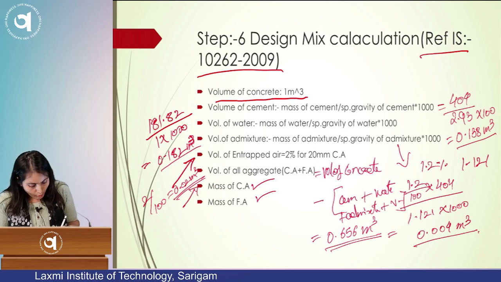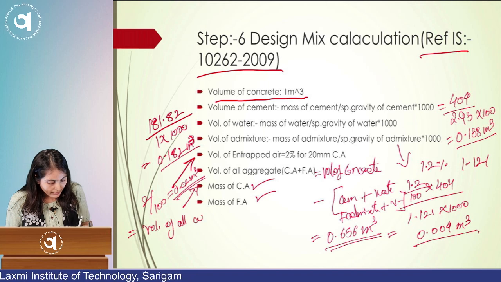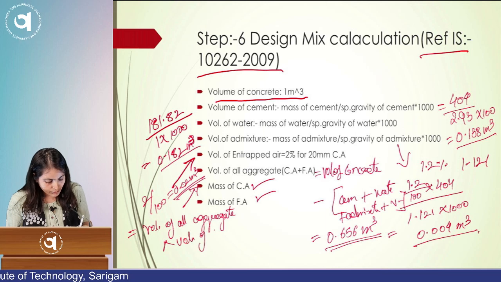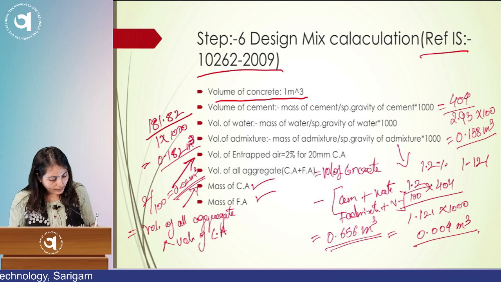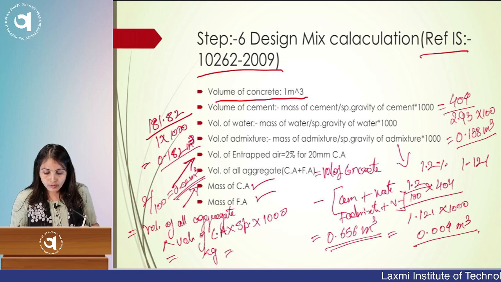This volume of all aggregate into your volume of coarse aggregate, which I got from calculation, into your specific gravity of coarse aggregate into 1000, you will get the mass of aggregate in kg.